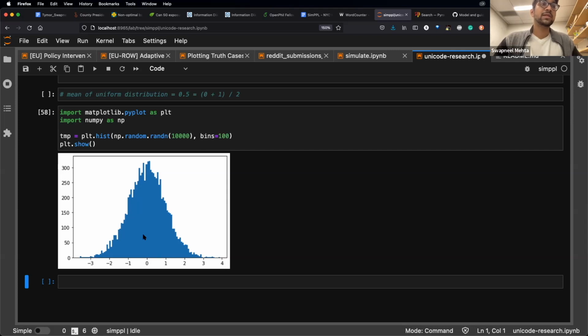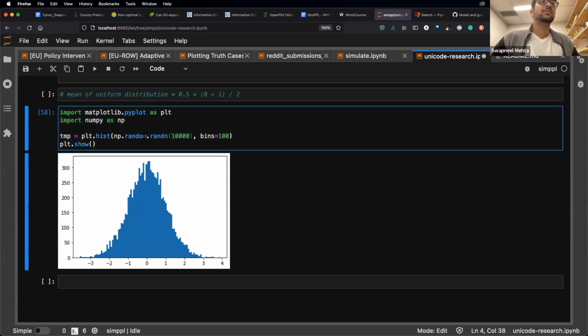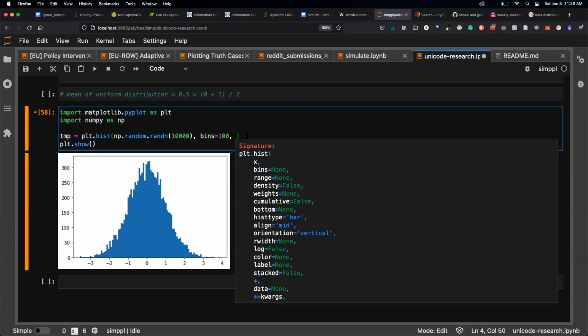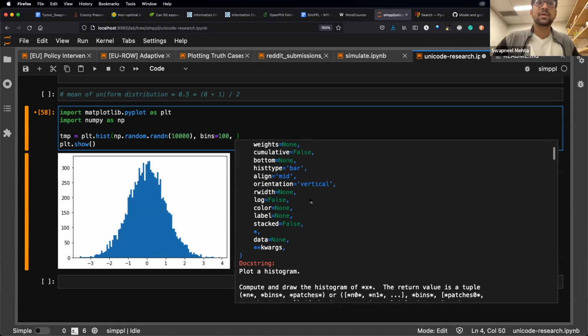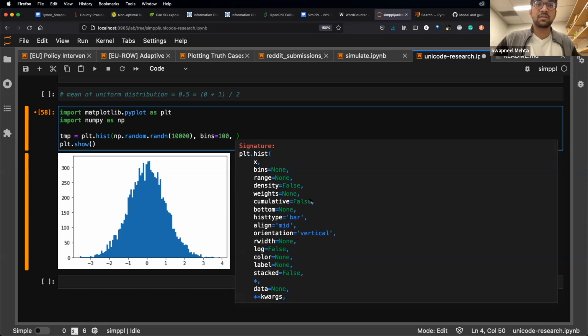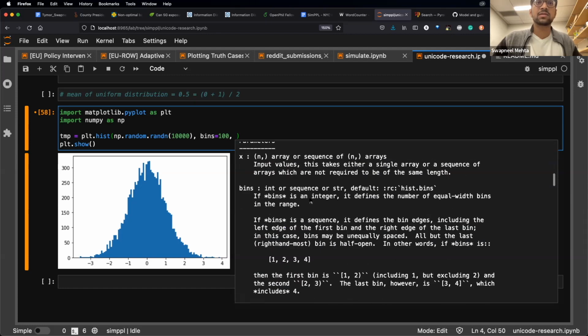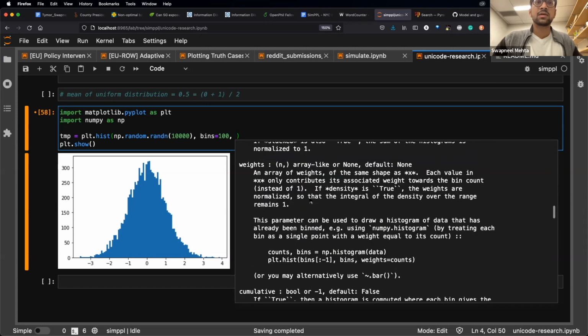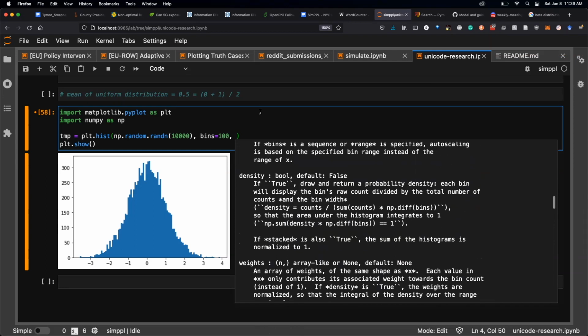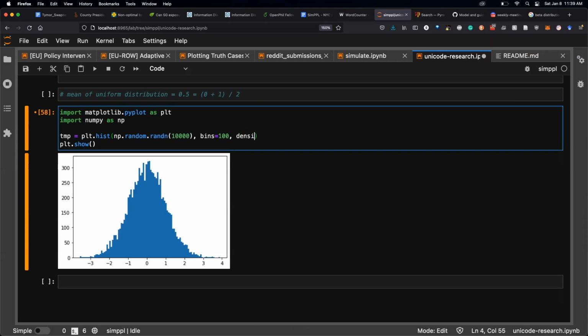So what you basically did was take the peak of this distribution. Well, no, this is not a probability distribution, I should have normalized this. This is a normal distribution because numpy samples a random normal variable. I don't know if there is a normalize equal to true here. So density.